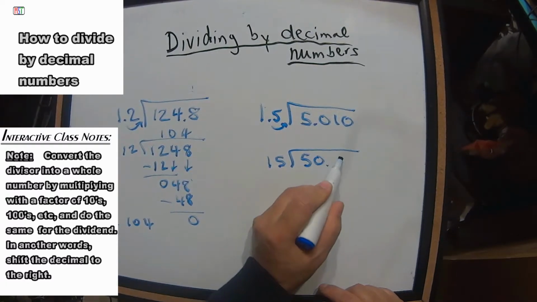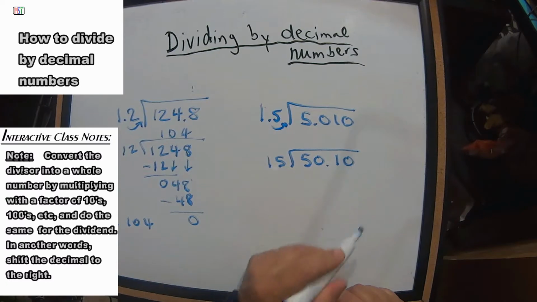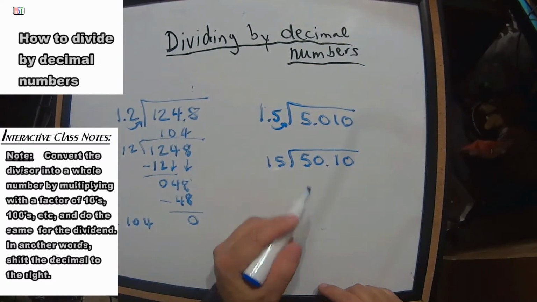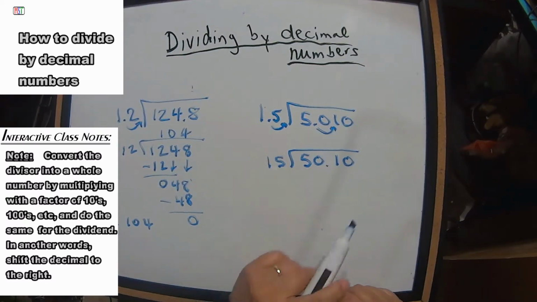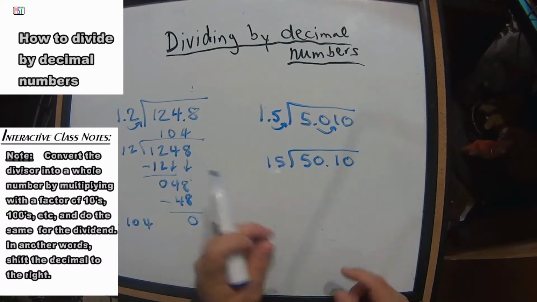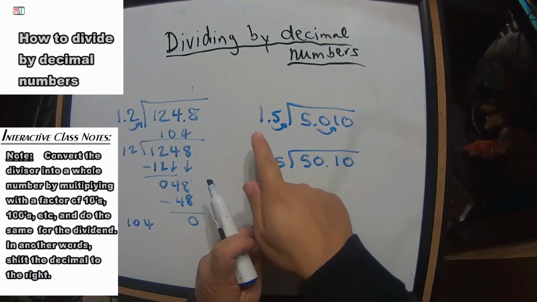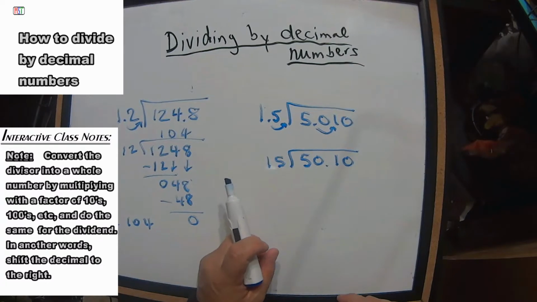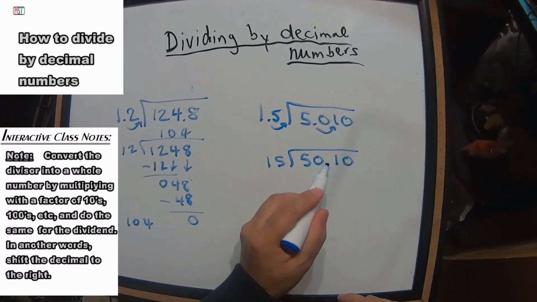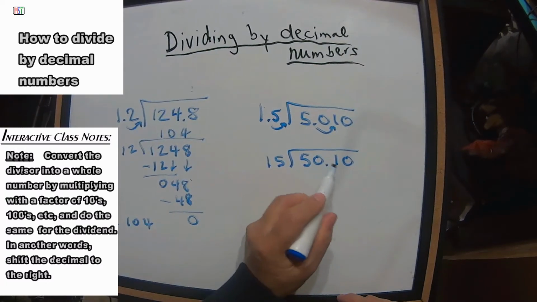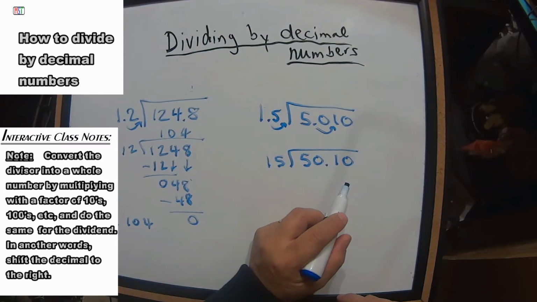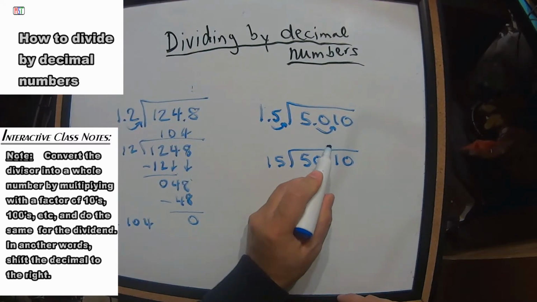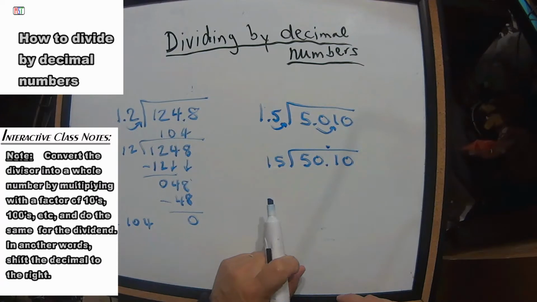That's 50.10. Now we moved the decimal also to the right by 1. That's basically multiplying everything by 10. That's what happened. The decimal moved to the right. So if we have a decimal inside the number we want to divide into, we're going to put a decimal lining up to there as well.